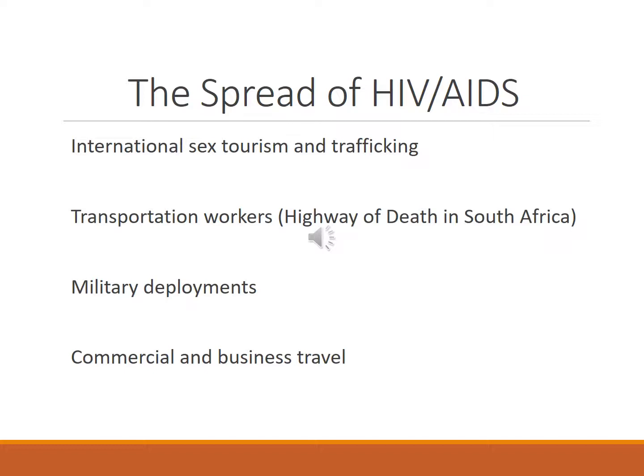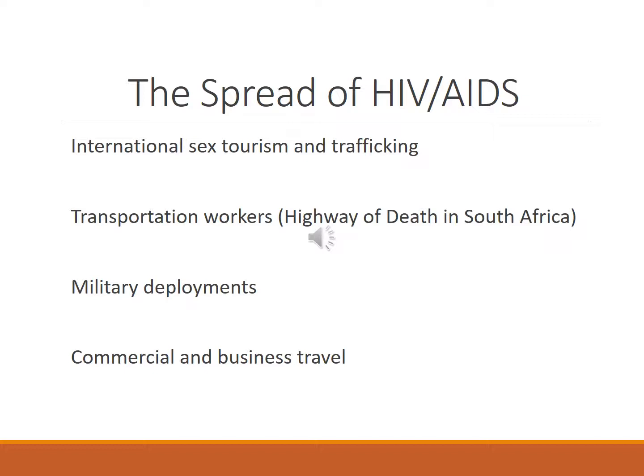One area in South Africa that's particularly notorious is the so-called Highway of Death, where truckers and other transport workers who, at the end of the day, park at a hotel and hire some kind of sex worker will essentially have an encounter with an HIV positive person, and then they themselves will become HIV positive and then spread that disease to their life partners, to their intimate partners, to their children.